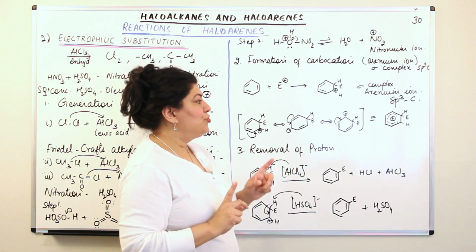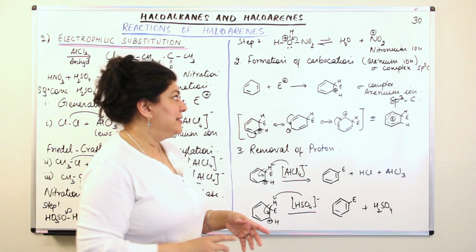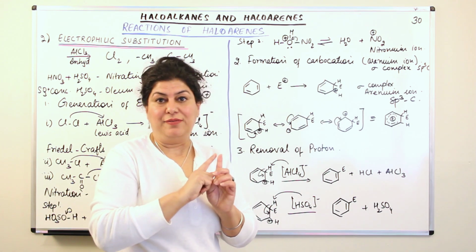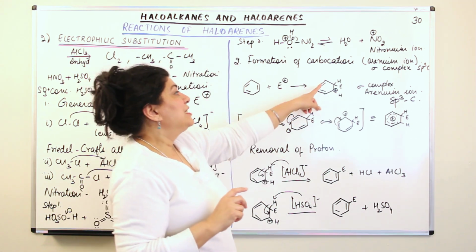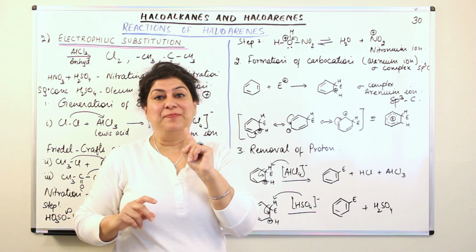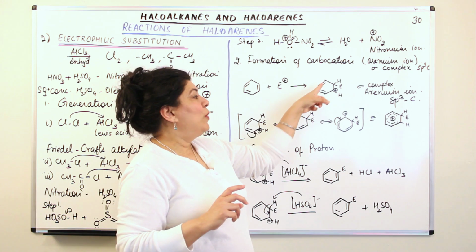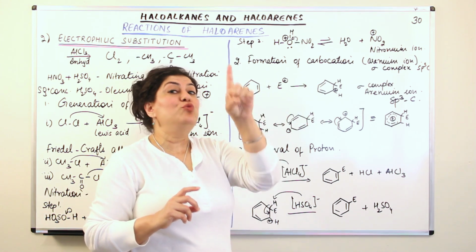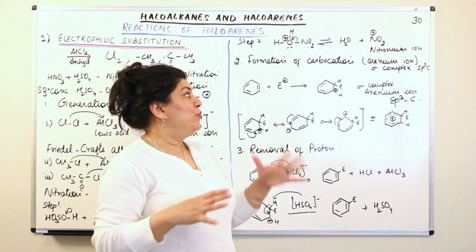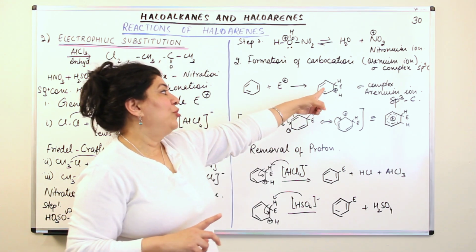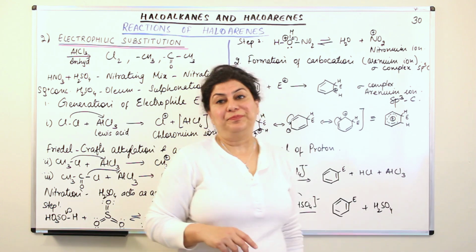And what is important to remember about the sigma complex is that the carbon to which the electrophile attaches itself has 4 single bonds. If it had even one double bond, it would have been an sp2 hybridized carbon. But when you have 4 separate bonds on carbon, it means the hybridization of that carbon is sp3.